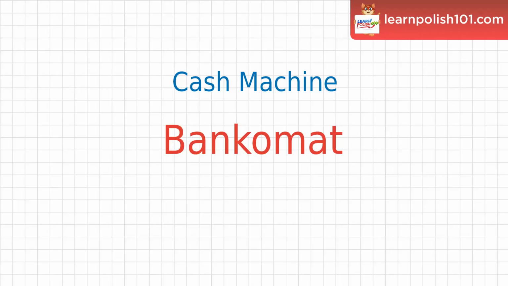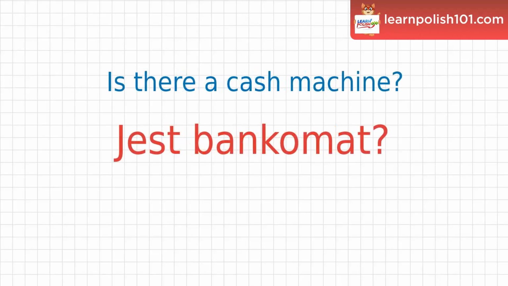So as soon as you're in the country, or if you're in the country now, you're going to see these everywhere, and you're very quickly going to remember that word. So let's use our really simple way of asking by just saying, is there a cash machine? Jest bankomat? Jest bankomat?